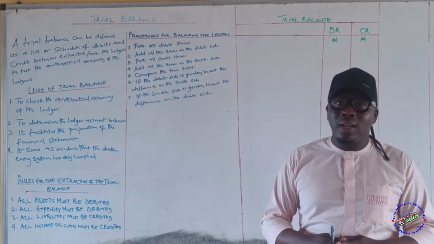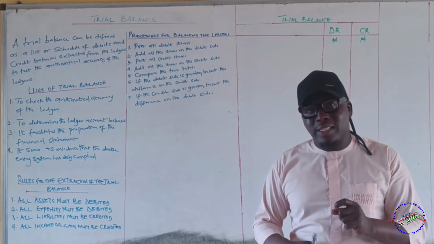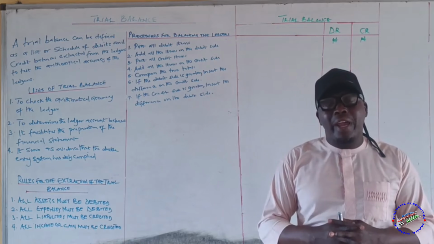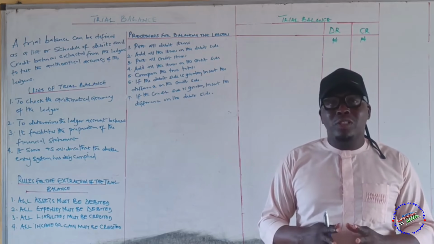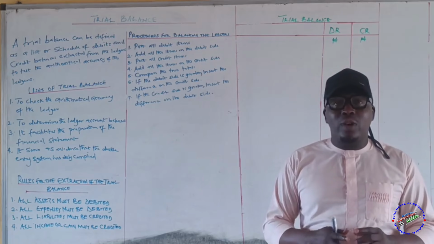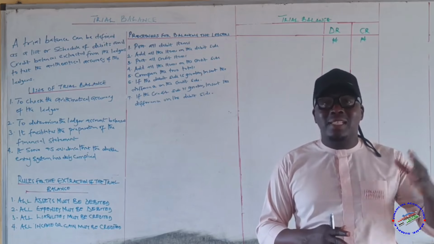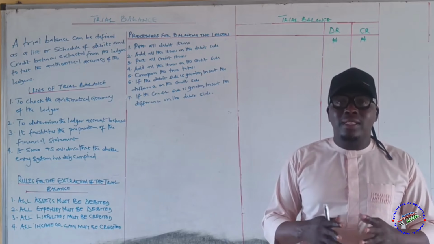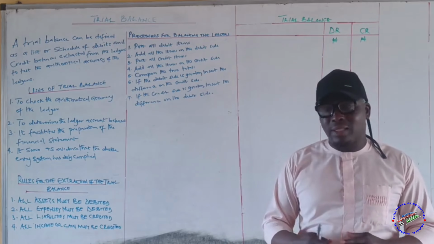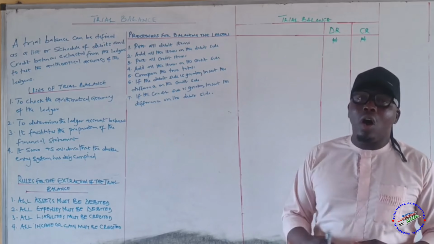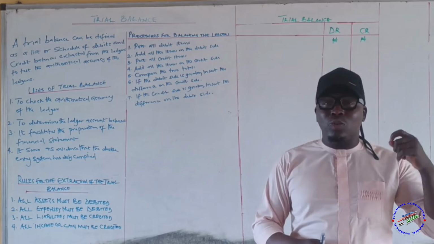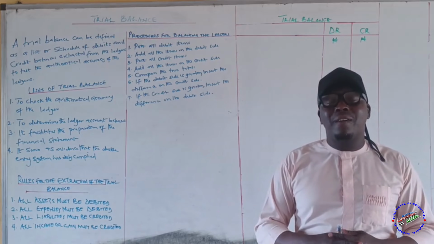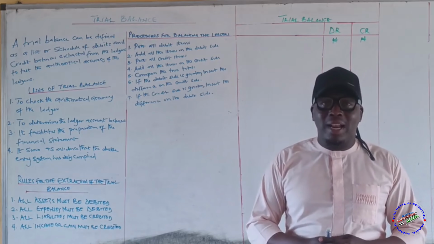So the second rule is that all expenses must be debited. Items of income or gains must be credited. So in our ledger, if we have a discount receipt, we have sales, they must have a credit balance. Likewise, all liabilities, which include our creditor, bank overdraft, loan, they must have a credit balance.